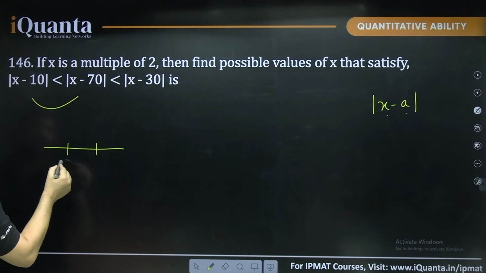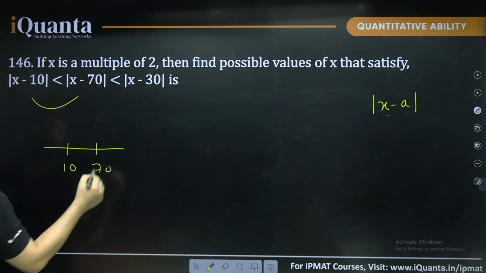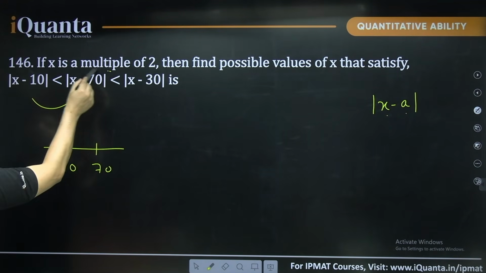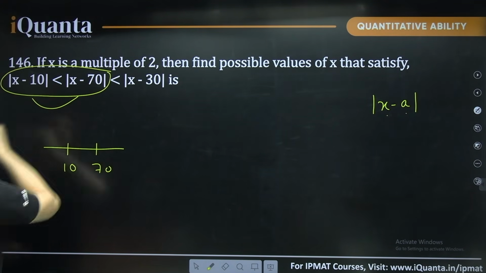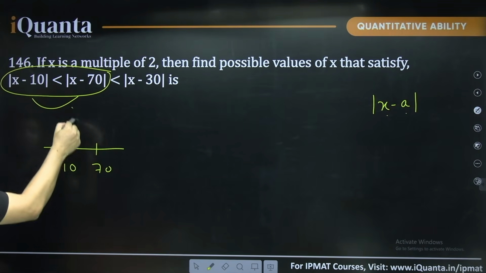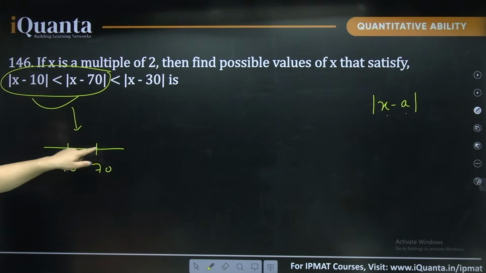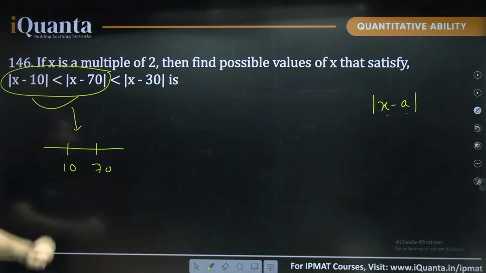So what are the critical points? 10 and 70, 10 here, 70 here. We are looking at this part first, and I have put the critical points. I want the distance of x, x will be somewhere on this line, and from that x we measure the distance to 10 and 70.